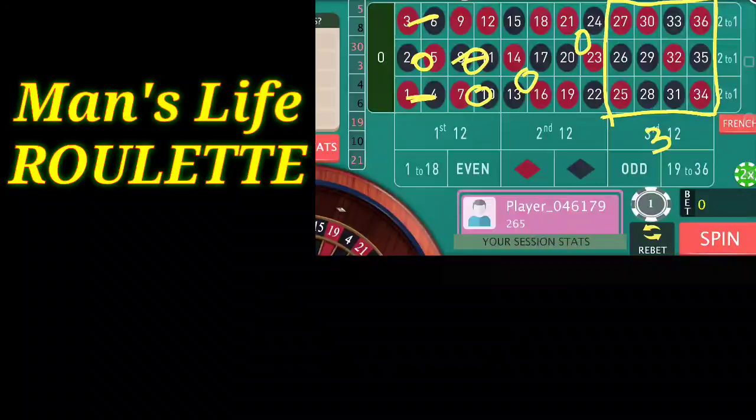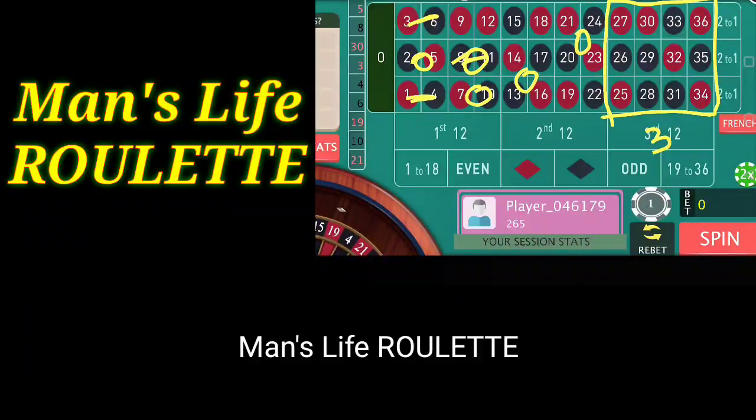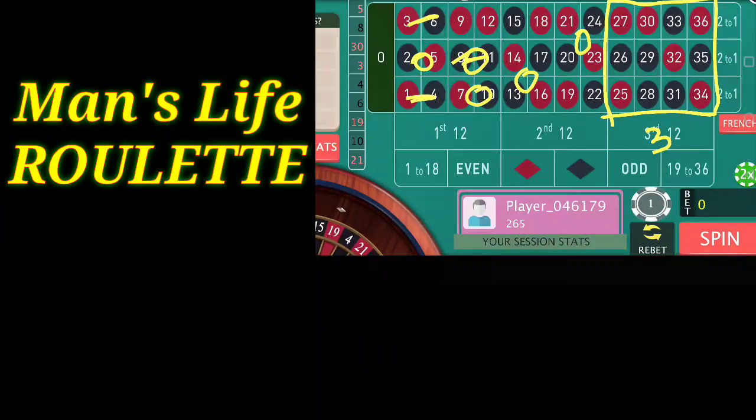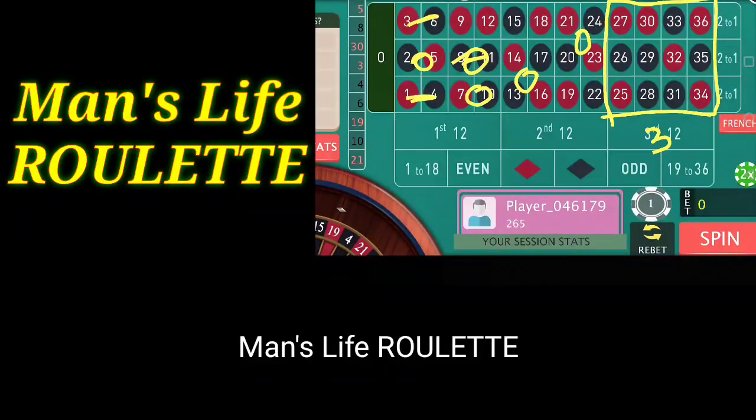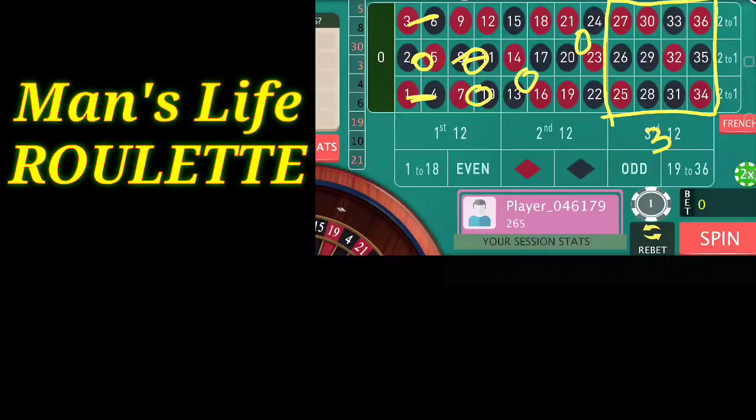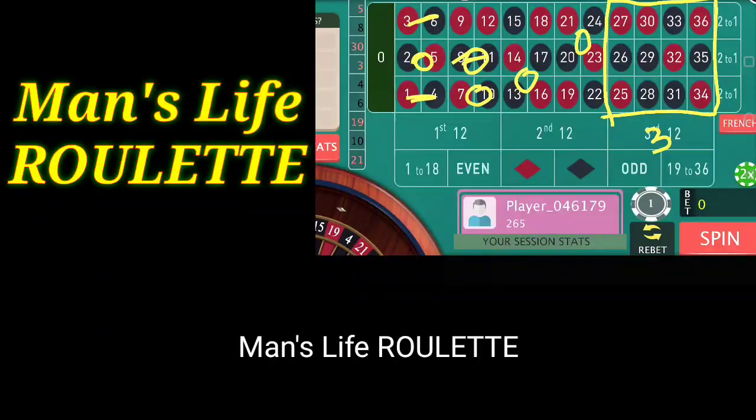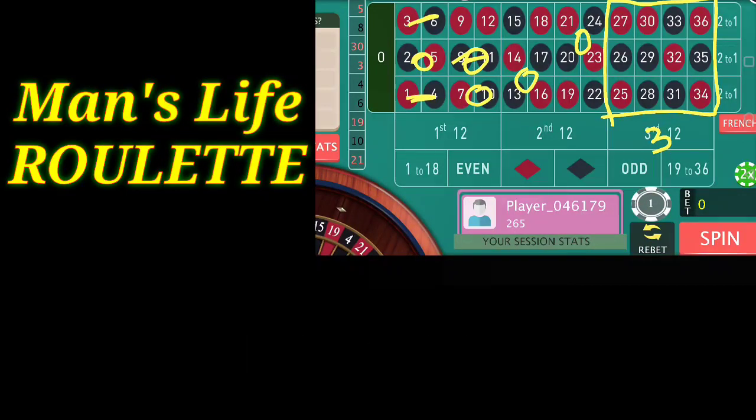That doesn't make any difference. But the only thing is that you have to put 3 units at the third dozen, 1 unit each at 2 corners from the second dozen, and 3 split bets from the first dozen. And you have to increase the bets, a set of bets actually, whenever you lose, and just rebet and play whenever you win until you hit your target.